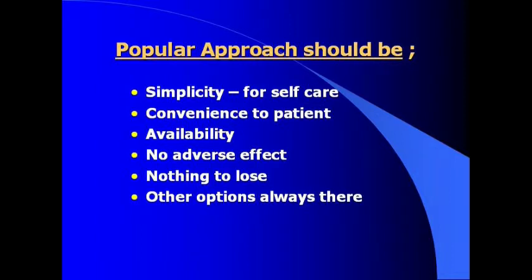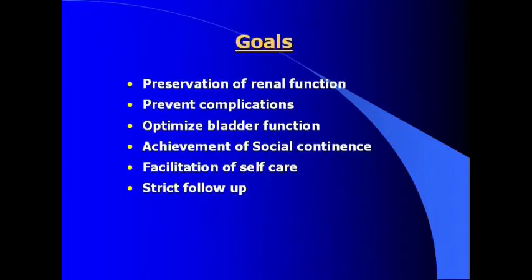That is what it should be. And always other options should be kept in mind. So our goal remains to preserve the renal functions, prevent complications, optimize the bladder function, achieve social continence as much as possible, and facilitate self-care, with strict follow-up that allows it to happen.